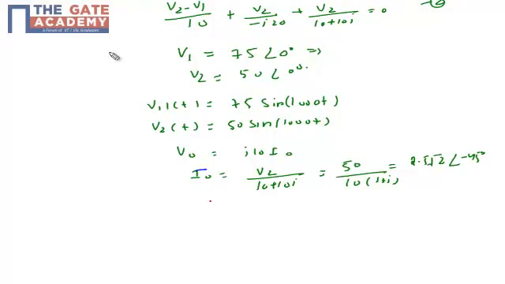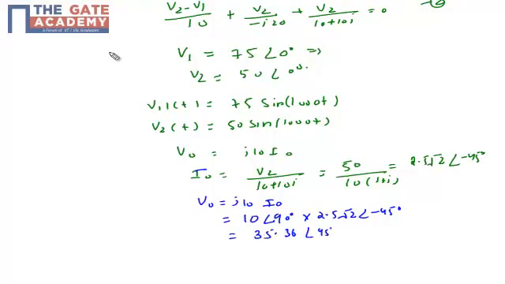Now V0 is j10 times I0. The question has a lot of calculation. Multiplying 10 with angle 90 degrees by 2.5 root 2 with angle minus 45 degrees gives 35.36 with angle 45 degrees volts. So V0 is 35.36 with angle 45 degrees, and the overall expression of V0(t) is 35.36 sin(1000t plus 45 degrees) volts.